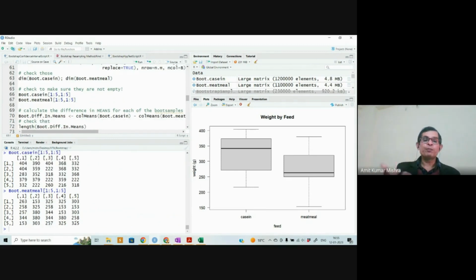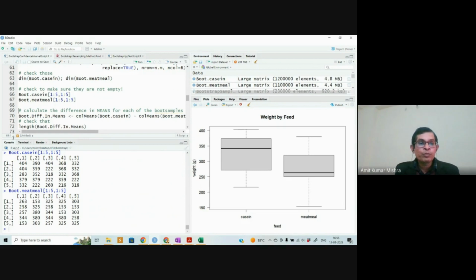Now what we want to find is, in each column, recall, in the first data you have casein, in the second data you have meat meal. You want to find the difference of means of the columns. That means in the first sample you find the mean from casein and the mean from meat meal, and find the difference.